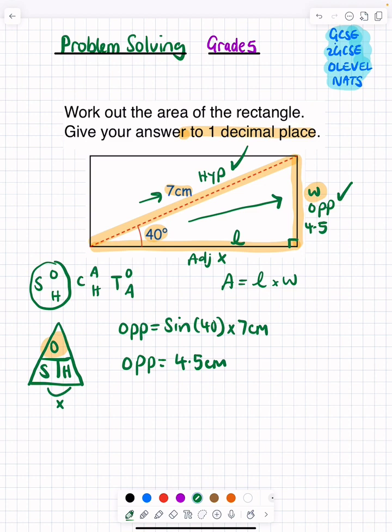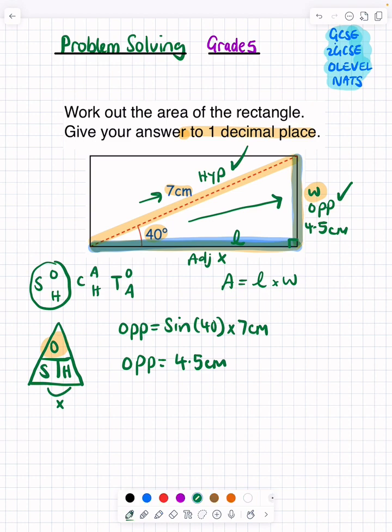Now to work out the area, we said earlier that we need the length of this rectangle and the width of the rectangle. So now we have the width, we need to work out the length of this. So we can use trigonometry again, or we can use the Pythagoras theorem to work out this length.